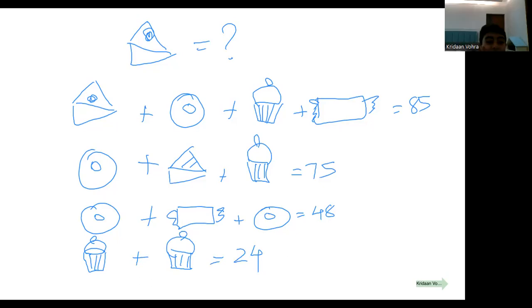Ma'am, first I will check the value of the cupcake. Good job. As 24 divided by 2 is 12, so the value of the cupcake is 12. Very good. All right.